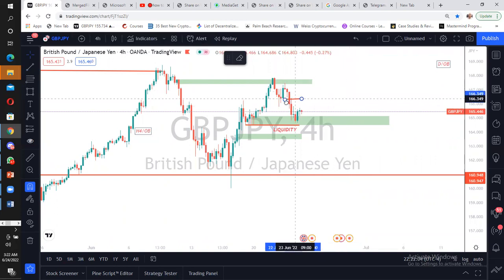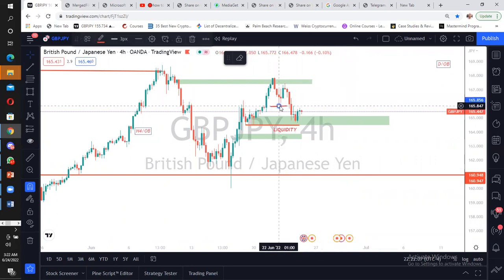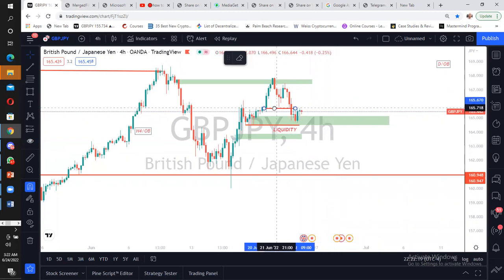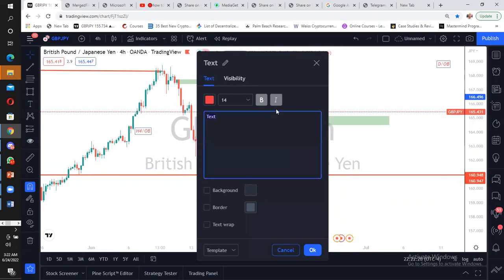Very short one, break of market structure to the downside.